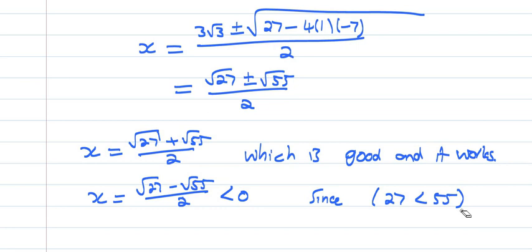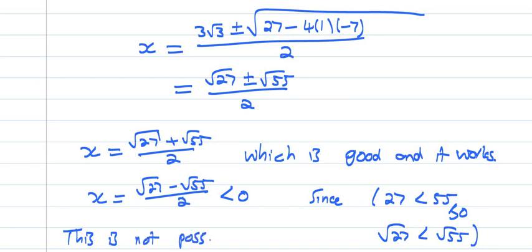And what does that mean? That means that the square root of 27 is less than the square root of 55, and so the numerator is negative, and if the numerator is negative and the denominator is positive, it's negative. And this is not possible. Why?